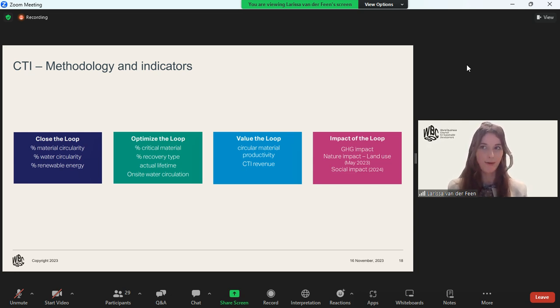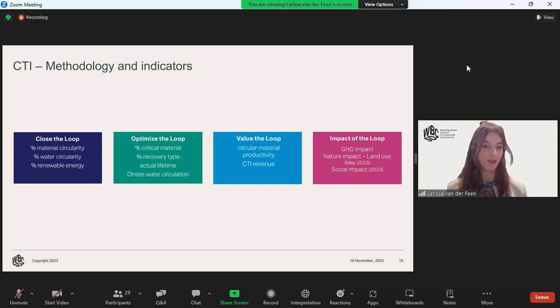You see May 2023 and then 2024 on the slides for GHG impact, nature impact, and social impact. And those are indicators that we put in the model that show companies, hey, when I'm becoming more circular, this is how many GHG emissions I save. And this is how much land use I save, which is beneficial for biodiversity.